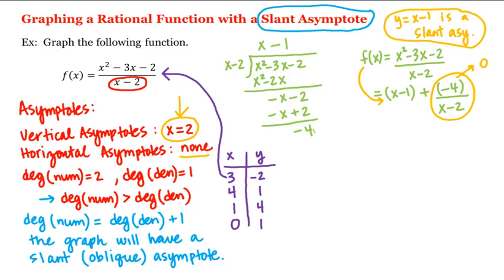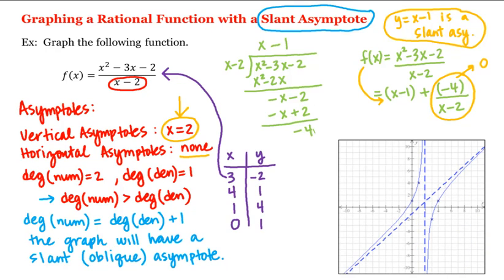So using all this information, we get our graph. This is our vertical asymptote here, x equal to 2. And notice here, as x approaches 2 from the left-hand side, our function increases without bound. And as x approaches 2 from the right-hand side, our function decreases without bound.